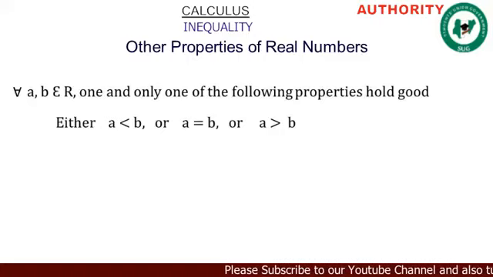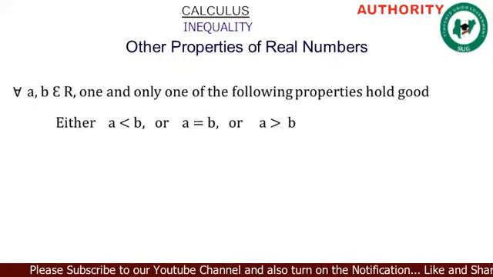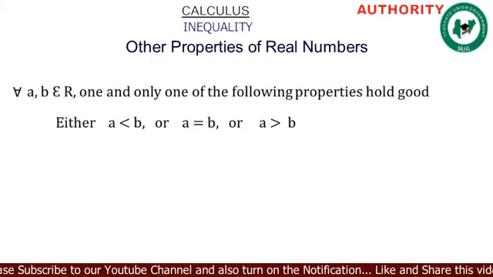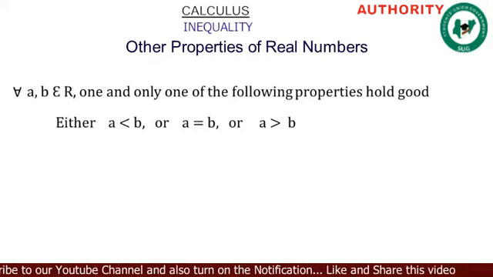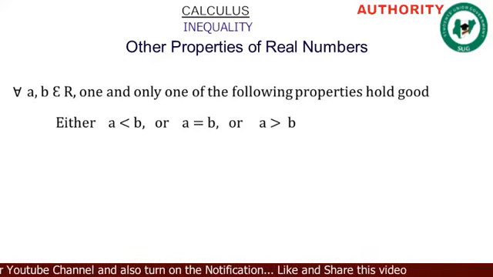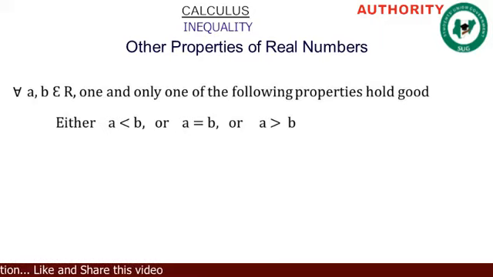Either A is less than B, or A is equal to B, or A is greater than B. When you pick two numbers from real numbers, it cannot be two, it cannot be three. You only have one and only one.